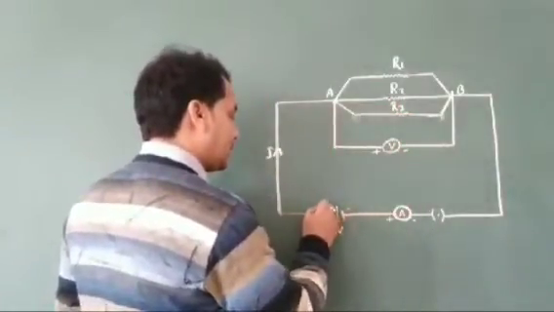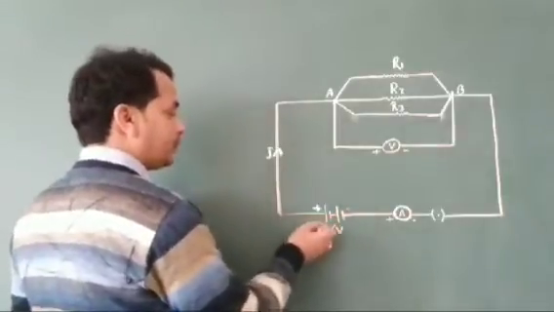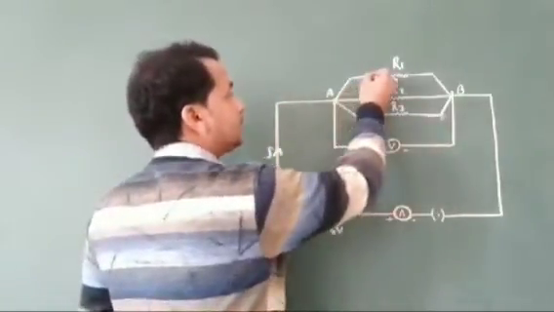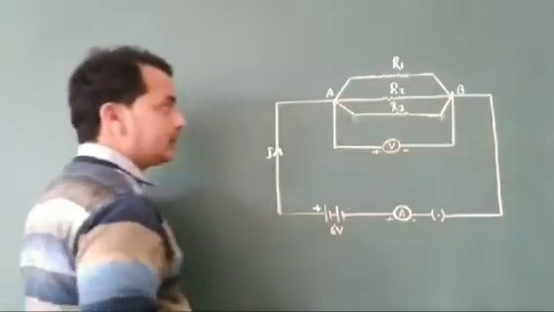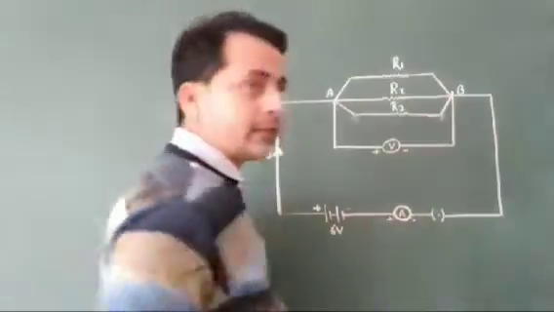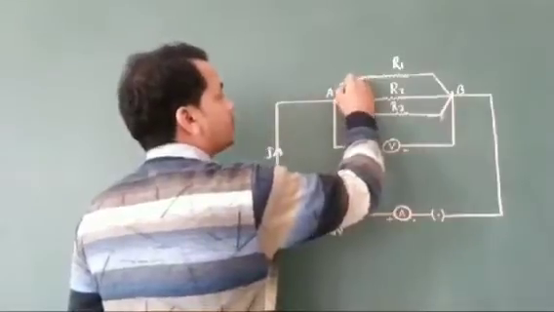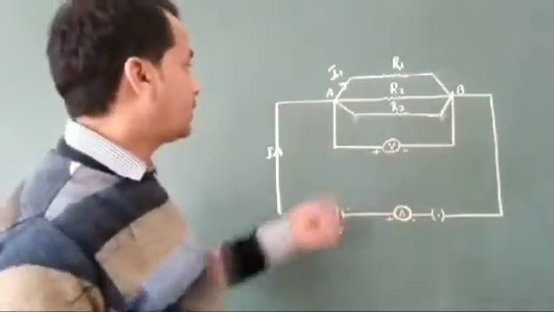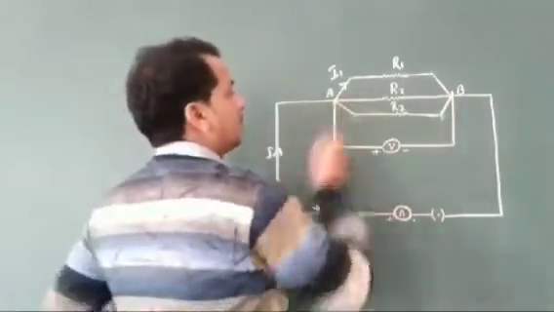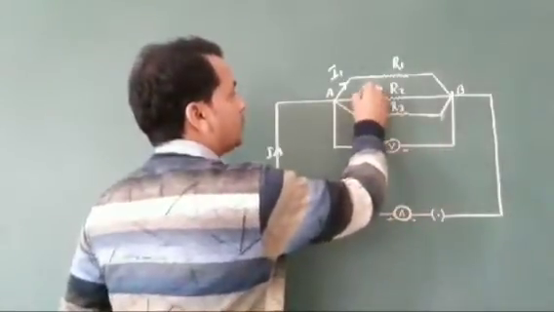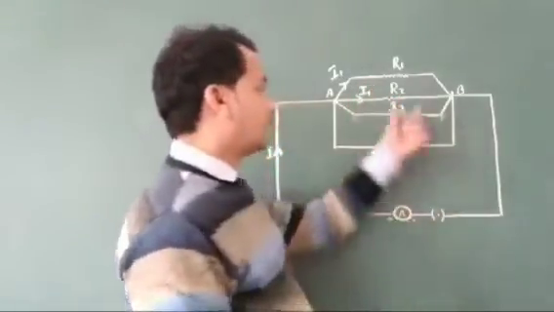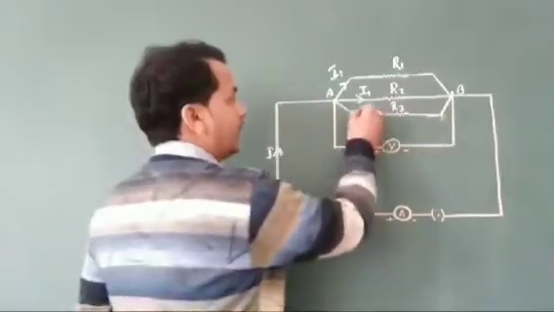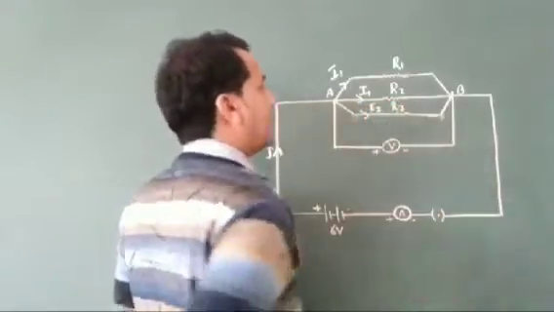The electric current flows from the positive terminal to the negative terminal. So the current is divided among the three resistors R1, R2 and R3, and there are different currents. Suppose the current I1 flows through the resistor R1, the current I2 flows through the resistor R2, and the current I3 flows through the resistor R3.